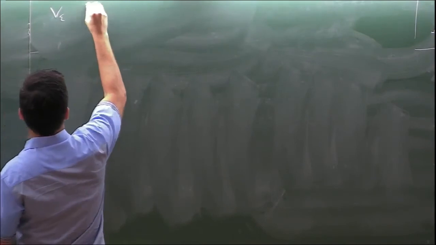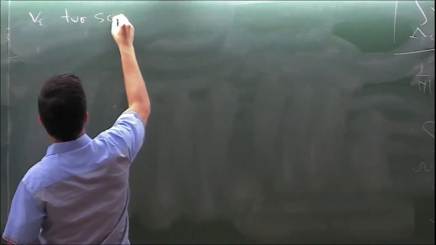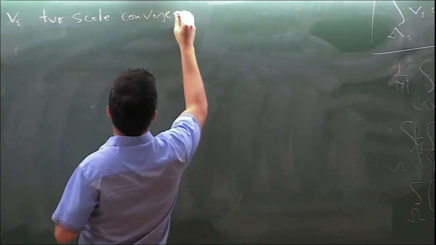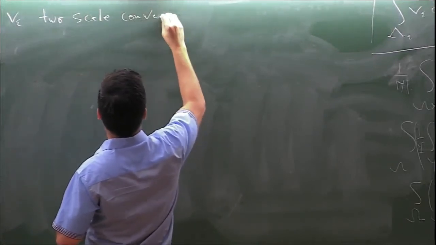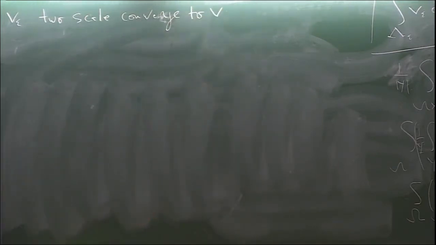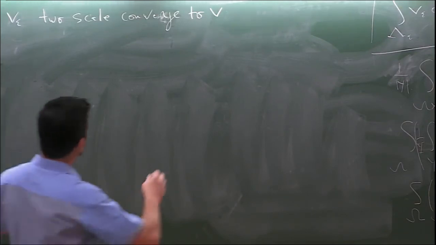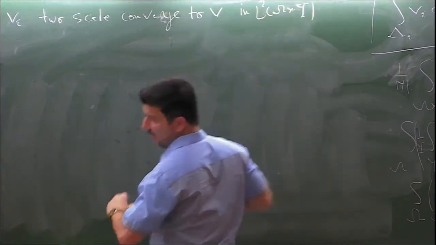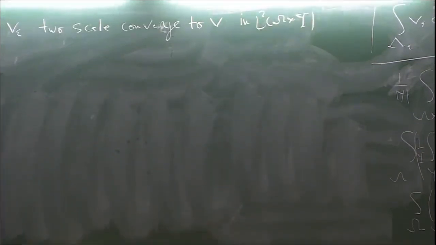Okay, so remember what is the two-scale convergence? We said that a sequence two-scale converges if, let's see, the test functions here, well, I guess there are many test function spaces. I'll just say smooth functions.